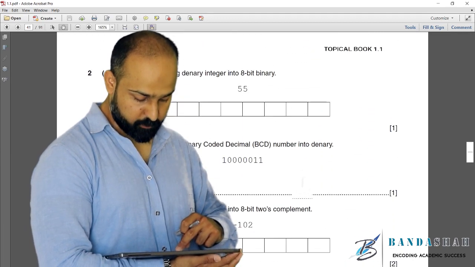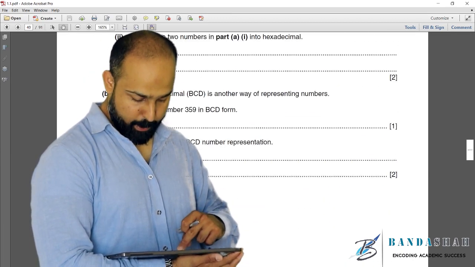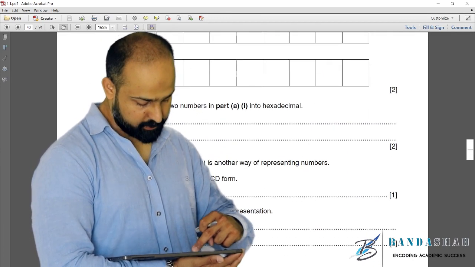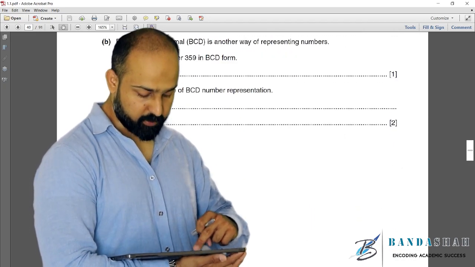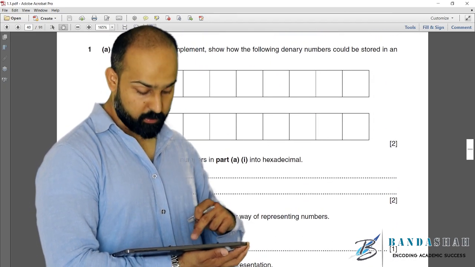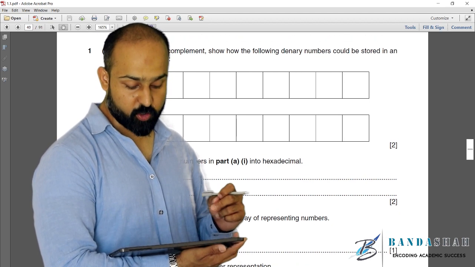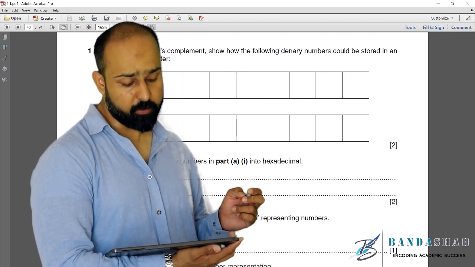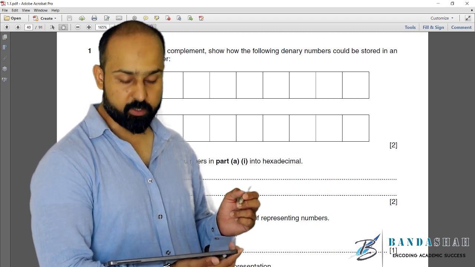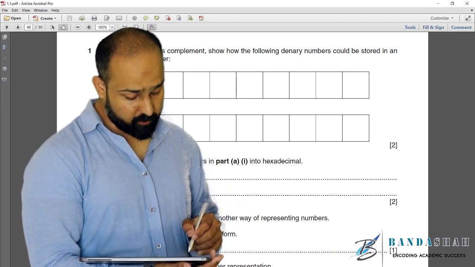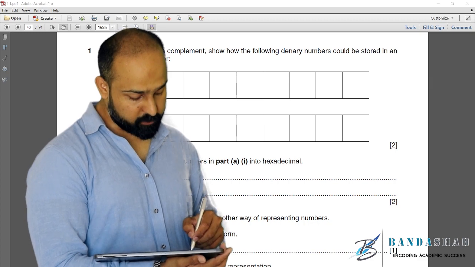Let's pick a question here, page number 39, booklet 1.1 data representation. Using 2's complement, show how the following ternary numbers should be stored in an 8-bit register. Whenever they mention it, it's a 2's complement.